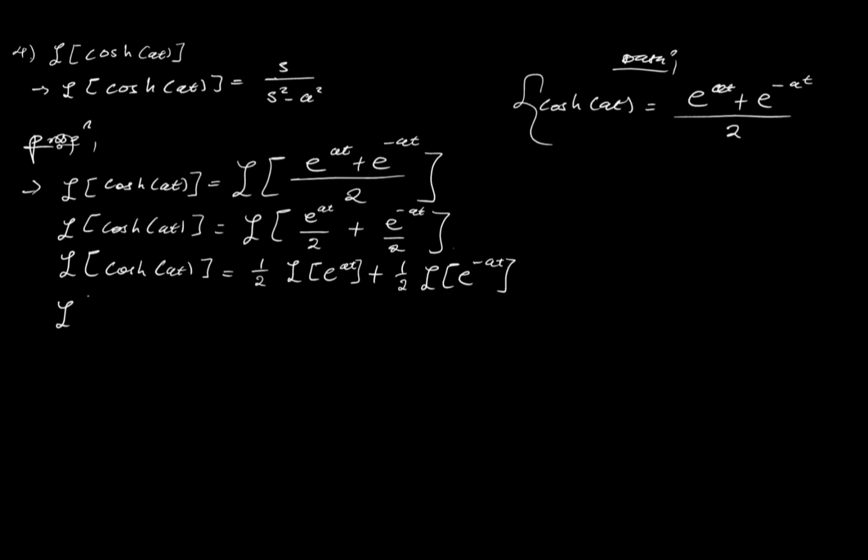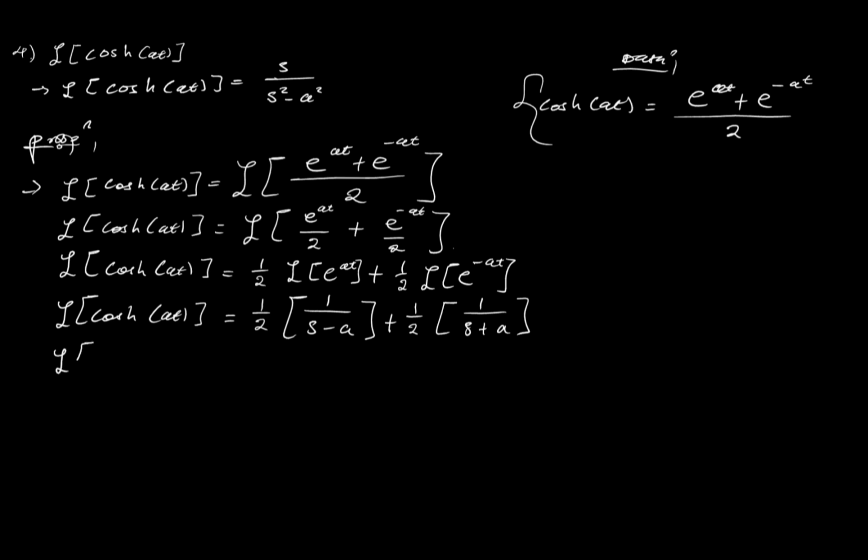The Laplace of cosh at will now be equal to 1 over 2. We know that the Laplace of e to the at is 1 over s minus a, plus 1 over 2, the Laplace of e to the minus at. The minus on the exponent makes it a plus, so we have 1 over s plus a.